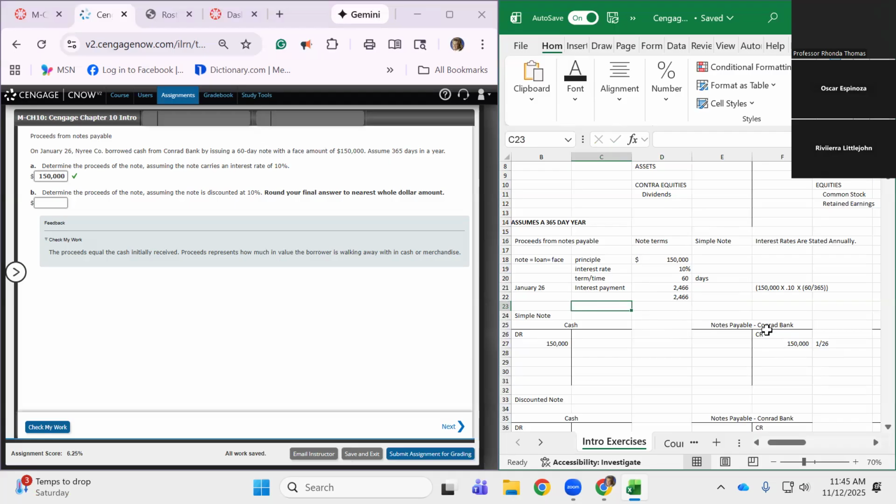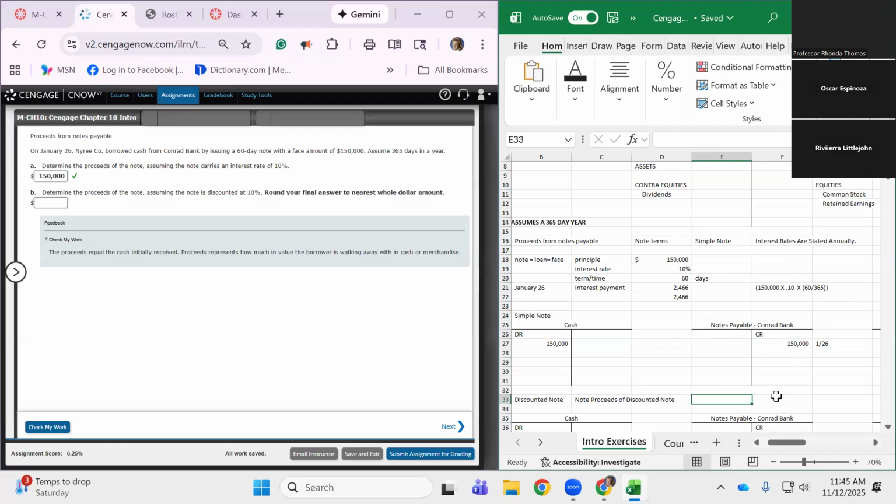So, I know they didn't ask that, but now let's move down to the discounted note. The discounted note is calculated exactly like this, except for one thing. The note proceeds of a discounted note subtracts the interest first, okay?